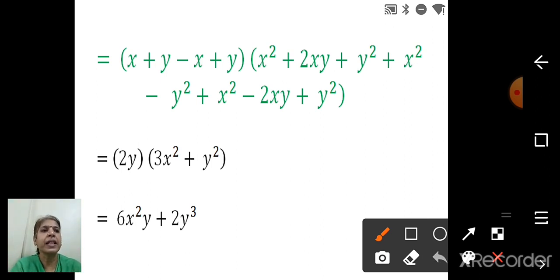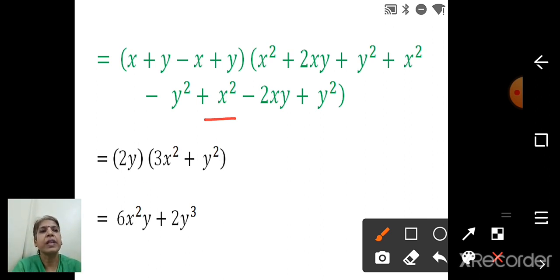Now second bracket calculation. Here in this bracket you count how many x squares are there. Here one x square is there, 2x square, 3x square. So what we are doing is like terms will be added. So x square plus x square plus x square, 3x square.